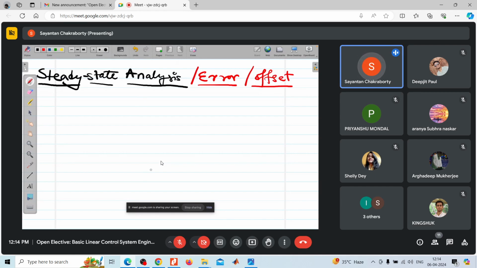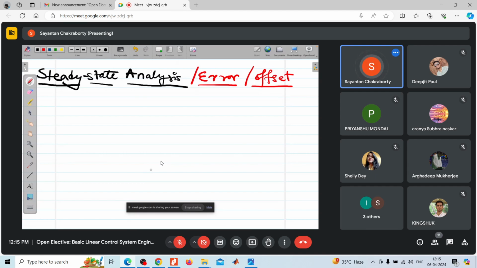Because in some situations, the entire emphasis on the transient response will be rendered meaningless if the steady state behavior is not satisfactory. Right? So it's equally important, or in some aspects, as I have already mentioned, more important to emphasize the steady state performance, then the transient performance will come into the picture.